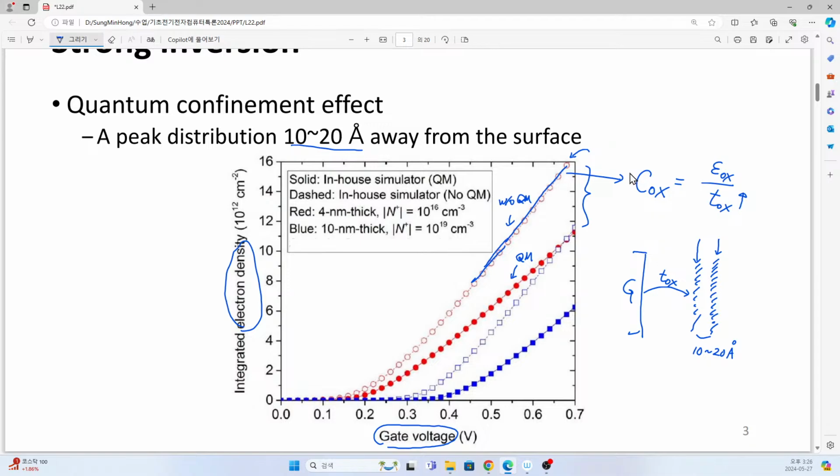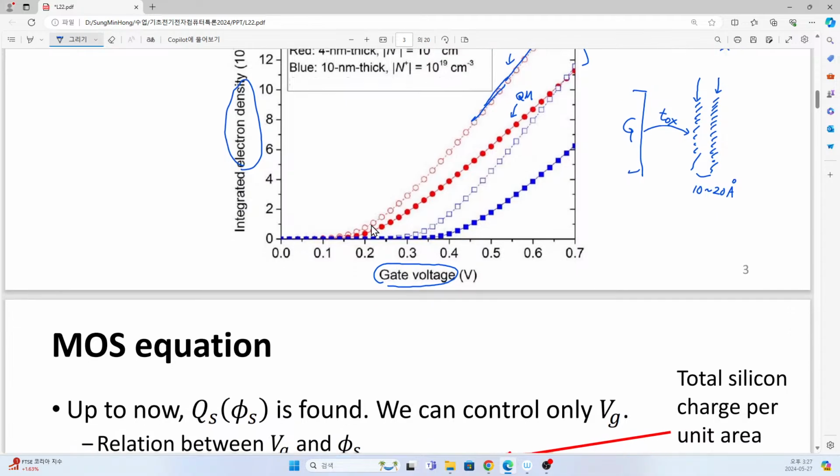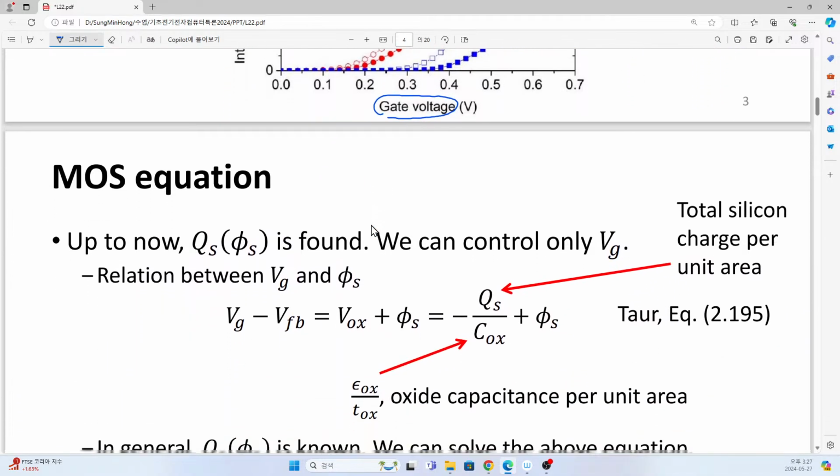This corresponds to a reduction of effective capacitance. That's the reason why we have a slightly degraded slope in the blue and red ones, corresponding to different devices. This is universal for every case.